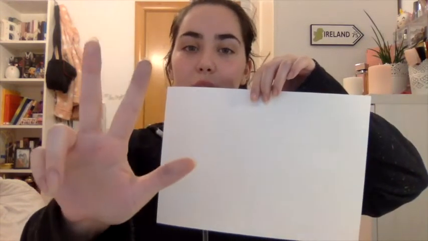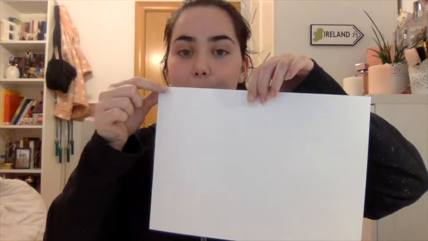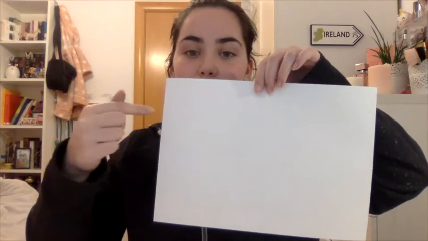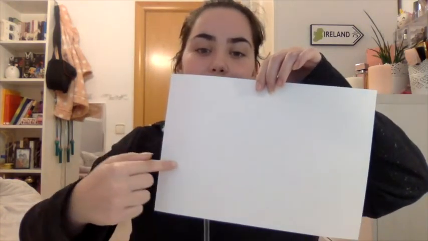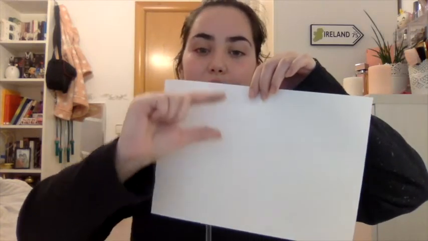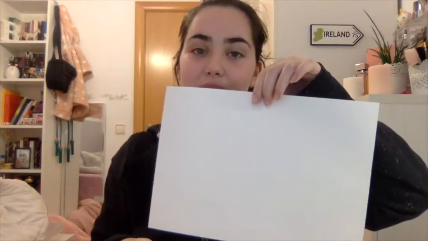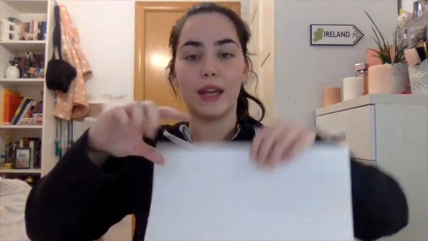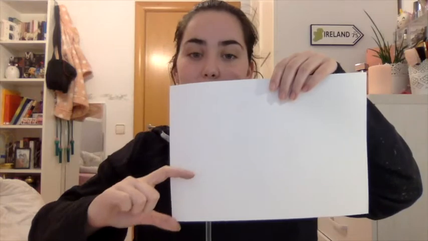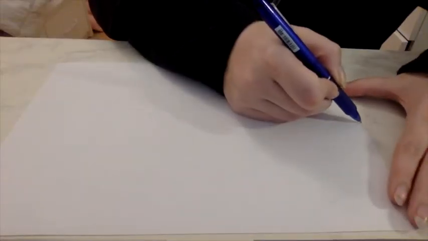If you're going to do it with three people, we're going to divide the paper into three. So one line here and one line there, so you have three different spaces. I'm going to be comparing it with my dad. So first it's going to be me and then my dad. So I'm going to divide it into two. I'll make one line in the middle of the paper.